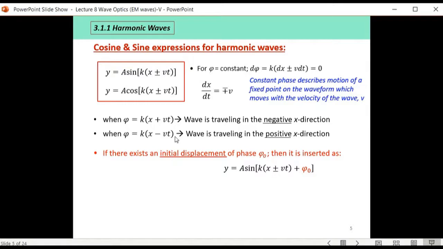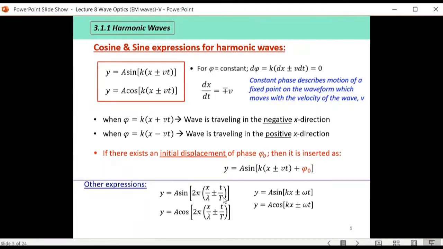And if there exists an initial displacement of phase phi 0, then we insert that into the phase term like this. The phase can be expressed differently, as is shown here, where k has been replaced by 2 pi over lambda, and for the time term, kv has been replaced by 2 pi over T, where uppercase T here is the period of the wave.